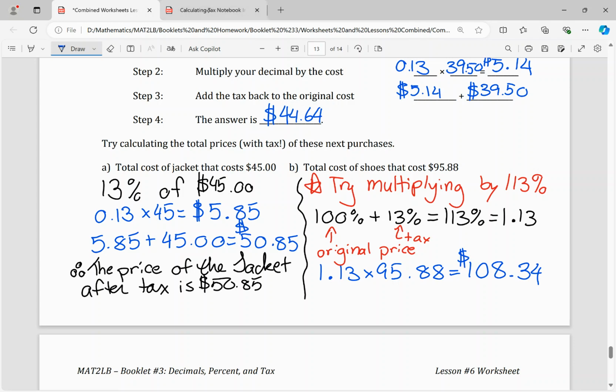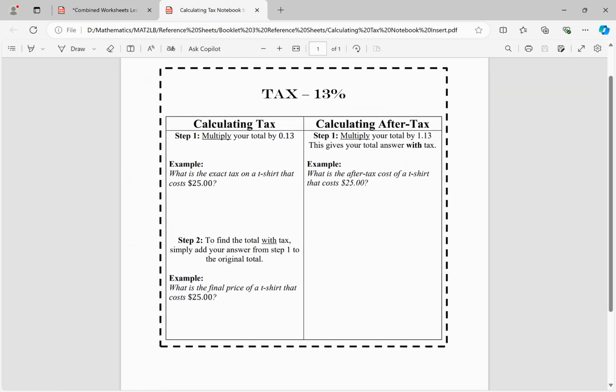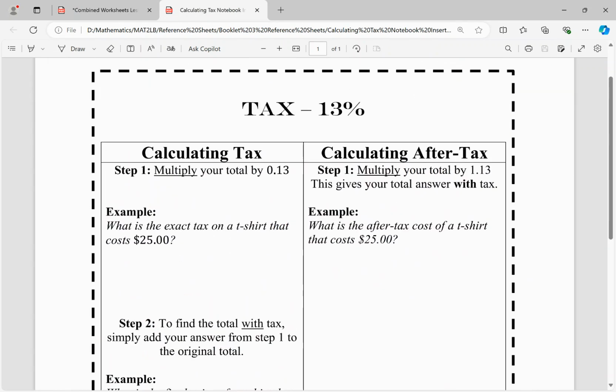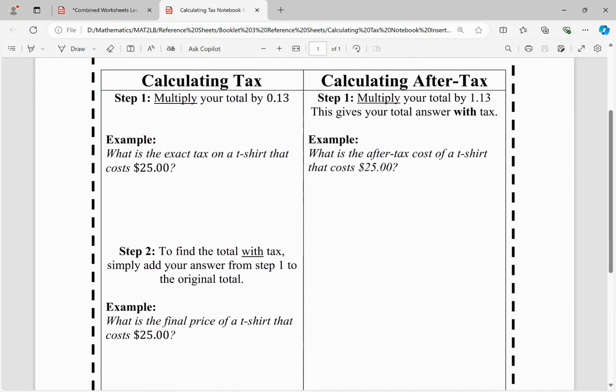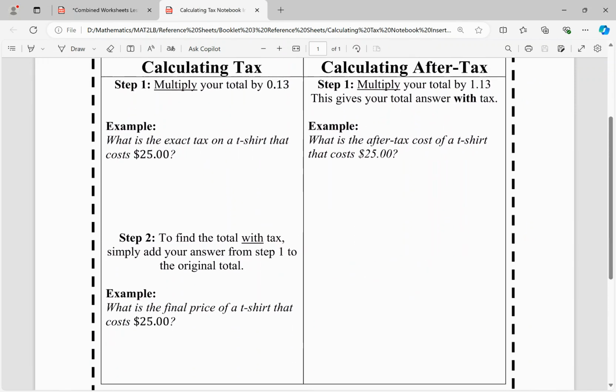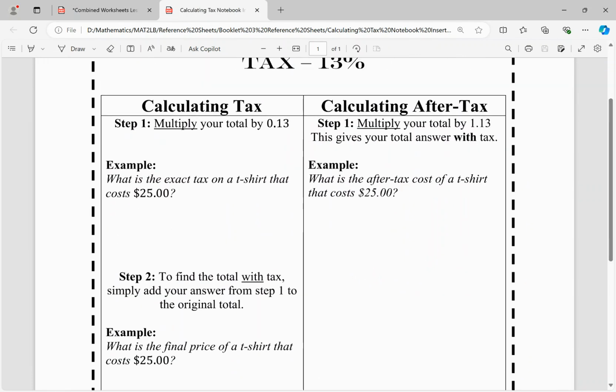Now at this point, I would like you to go to the back of your book where you have a reference page that looks like this. This is a cheat sheet that you can use in order to remember how to apply tax, but it needs a little bit of filling in. Remember, you can calculate tax the long way, or you can calculate tax the short way. This goes over both. Let's start with the long way. Step 1, multiply your total by 0.13. What is the exact tax on a t-shirt that costs $25?